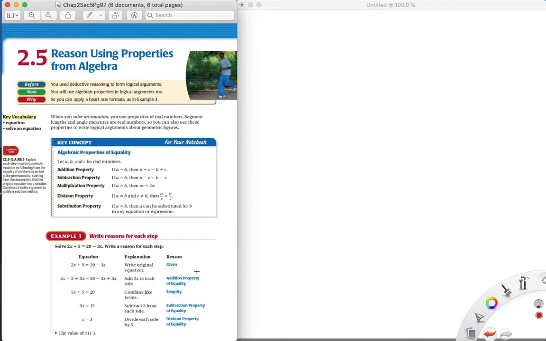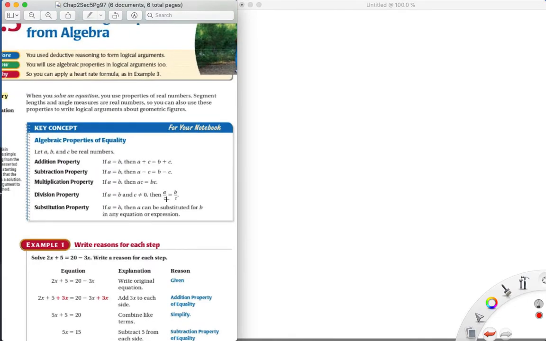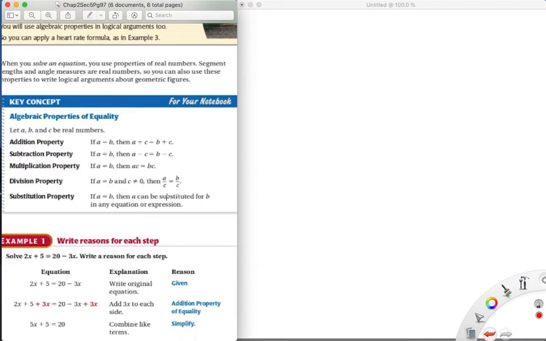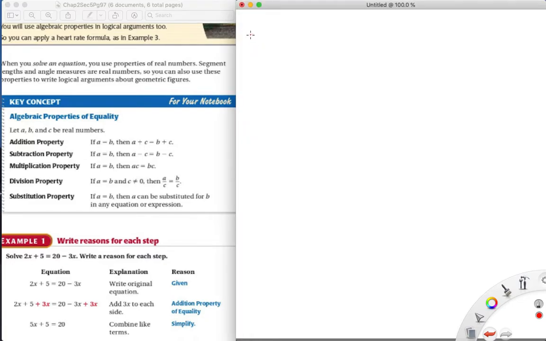This is essentially a proof. So with that, there are certain concepts from algebra that you guys already know, but we're going to refresh a little bit. And the first one is the addition property of equality. I write it like this.